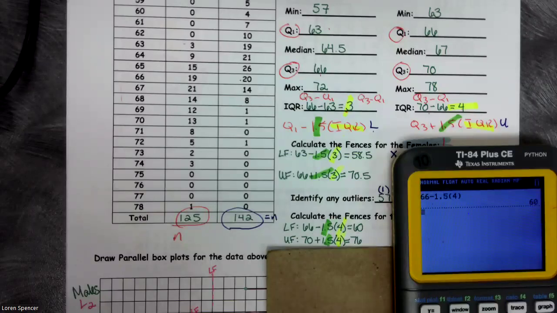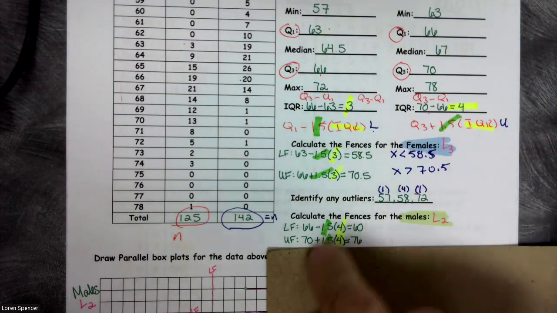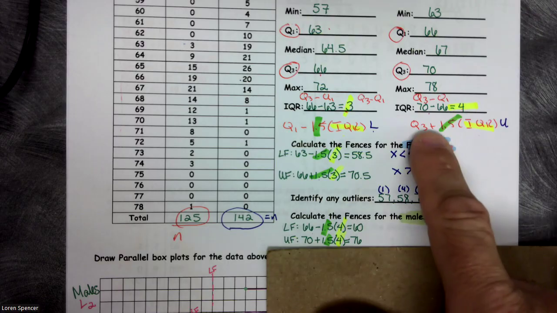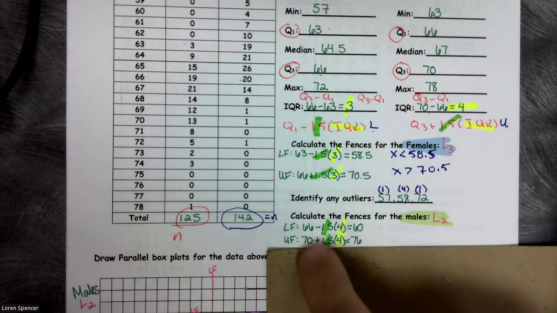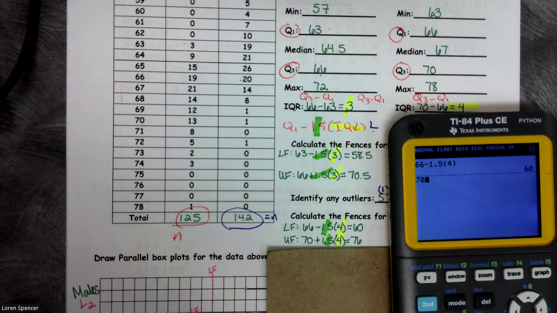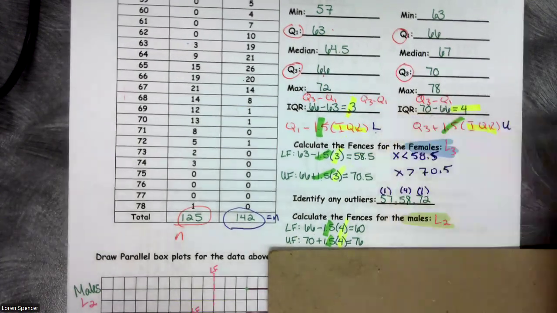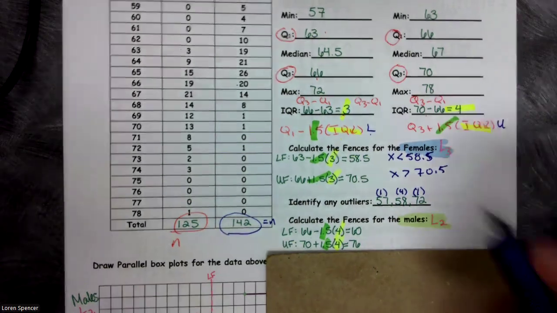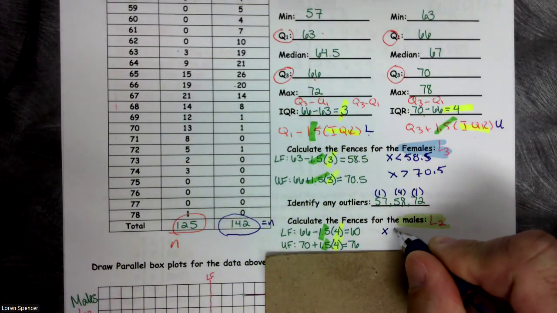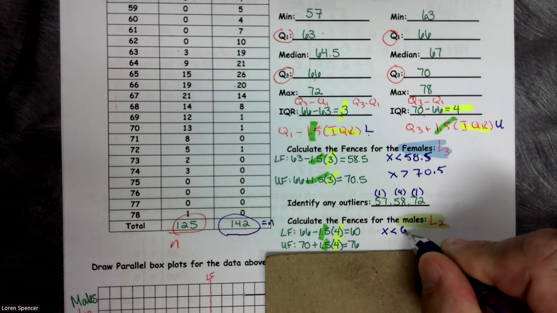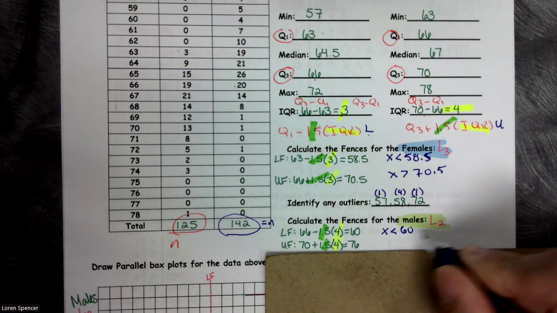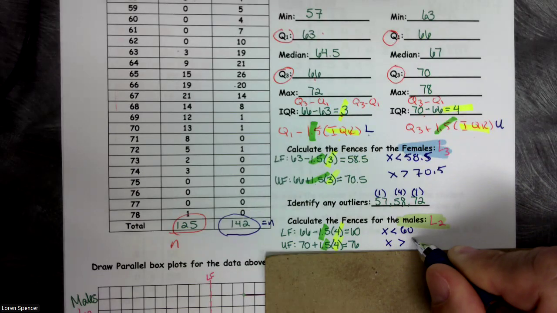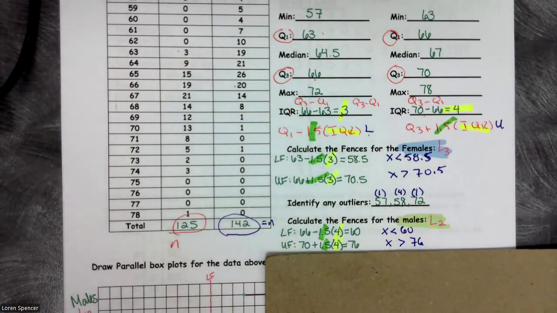And for the upper fence, we have Q3. This is Q3 right here. And we look and we go, oh, it's 70 plus 1.5 times 4. And we get 76. All right? So that takes care of that part. And we should make this comment: any male less than 60 inches is an outlier, and any male greater than 76 inches is an outlier. Okay?